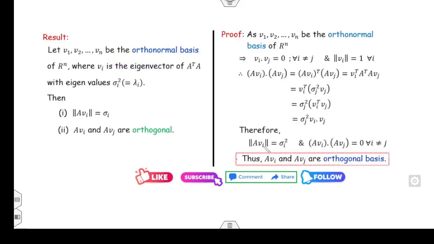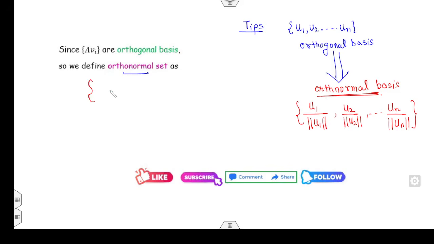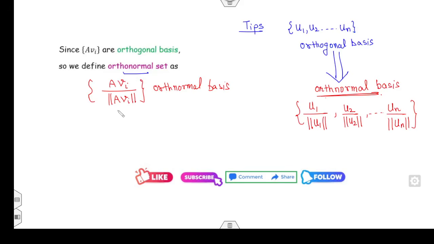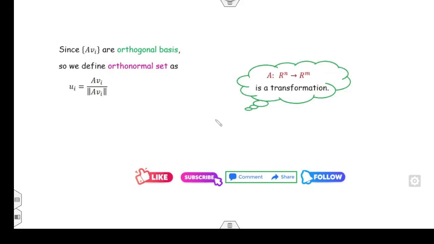Now, since we have proved that A of Vi and A of Vj are orthogonal, hence we can say A of Vi divided by the norm of A of Vi are my orthonormal basis. Or in other words, the norm of A into Vi is sigma i. So we can say A of Vi divided by sigma i is my orthonormal basis.